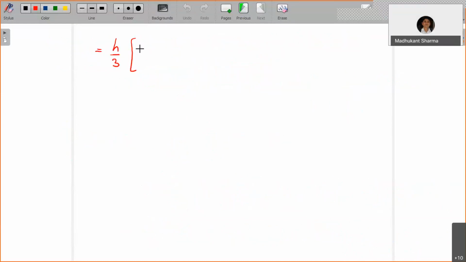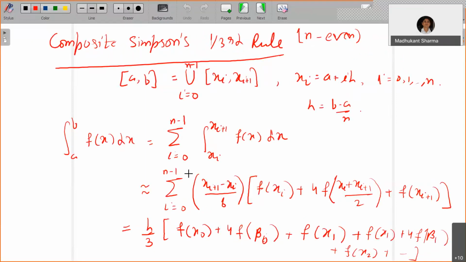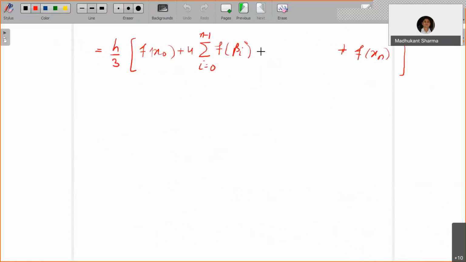So f of x naught plus f of xn, plus 4 times summation f at beta i, i equals 0 to n minus 1, because beta naught to beta n minus 1, plus 2 times summation i equals 1 to n minus 1 f at xi.